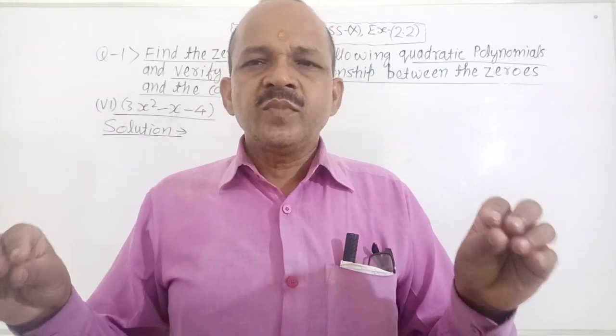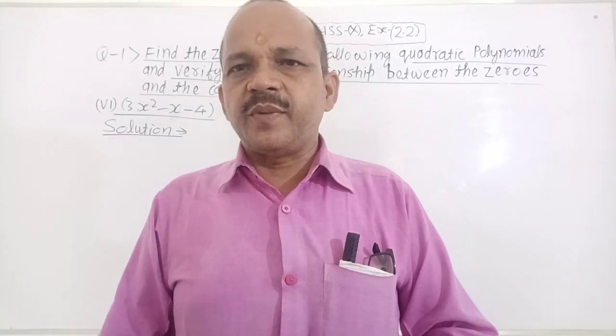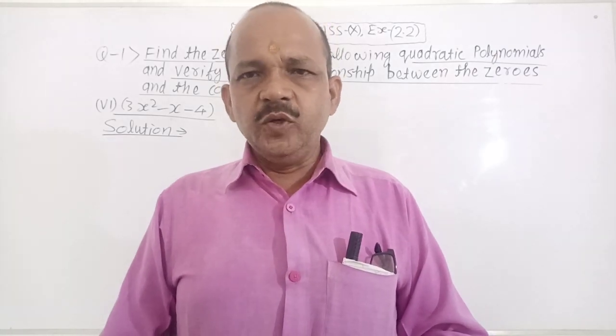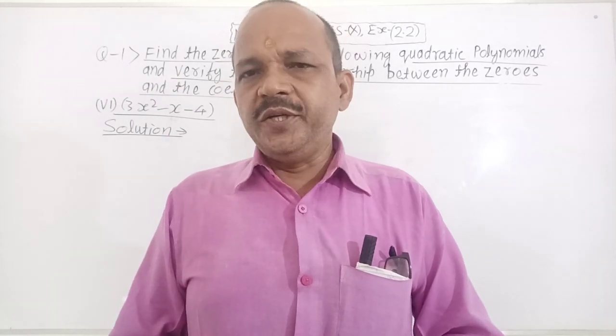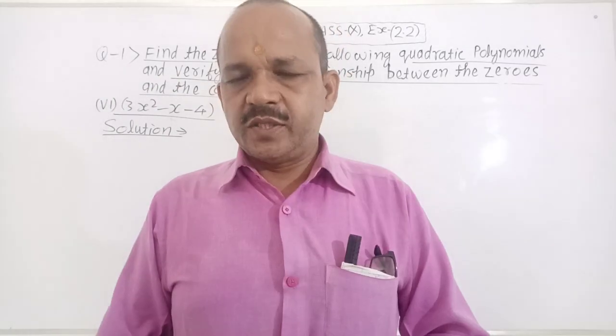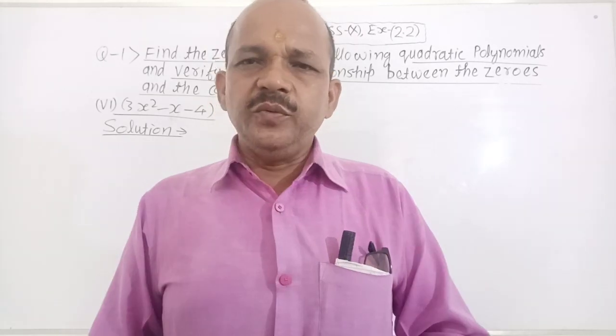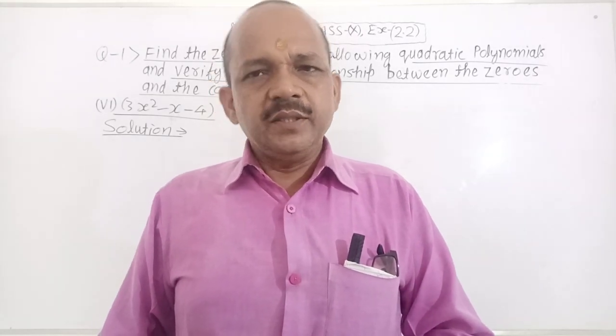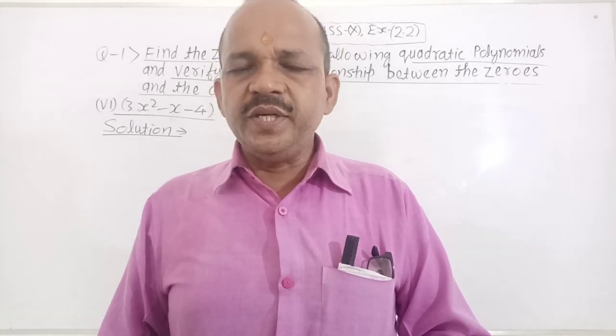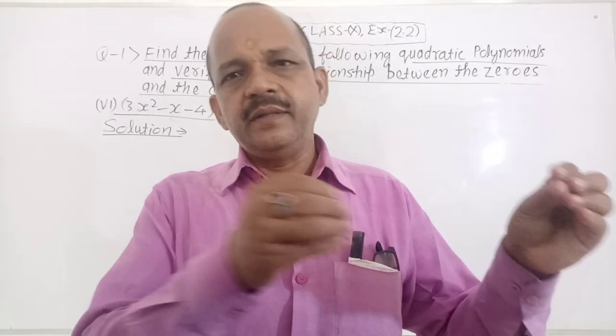Very good. Now I want to describe polynomial. Polynomials are of two types. First, term based polynomial. Second, degree based polynomial. Term based polynomials are many, namely constant polynomial, zero polynomial, monomial, binomial and trinomial.